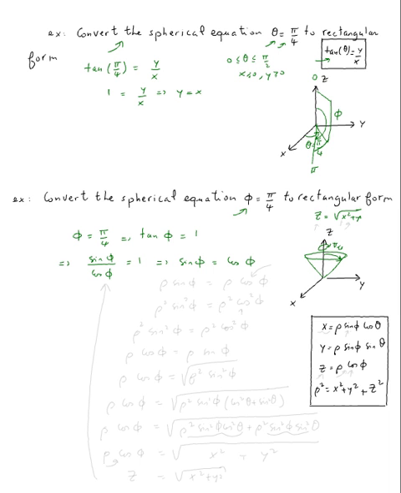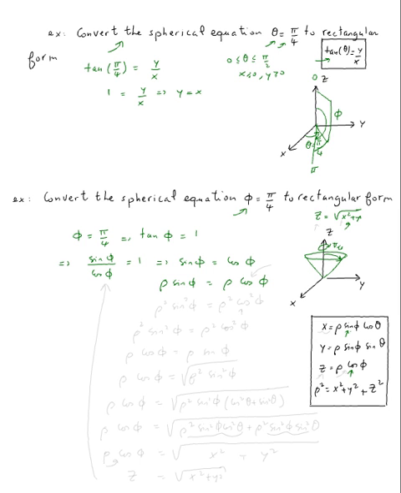Now, how are we going to get the x squared plus y squared? So for the sine phi, multiply both sides by rho. So if you multiply, rho sine phi is supposed to equal rho cosine phi, right? But rho cosine phi, you can only get a z from that.